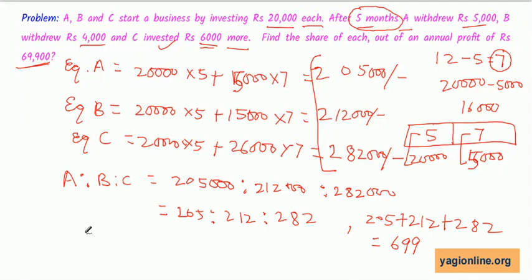So now we can easily find out A's share. What is the ratio? It is 205.